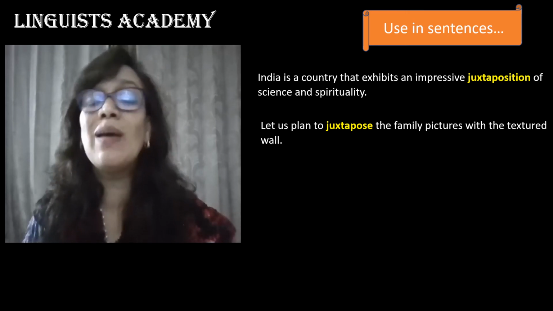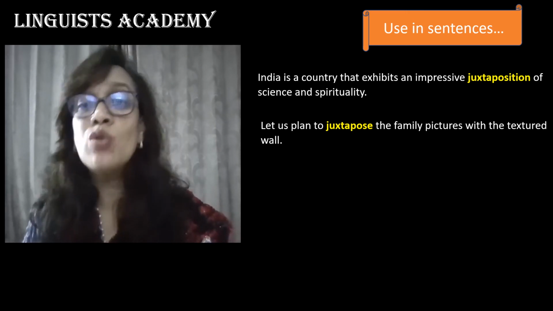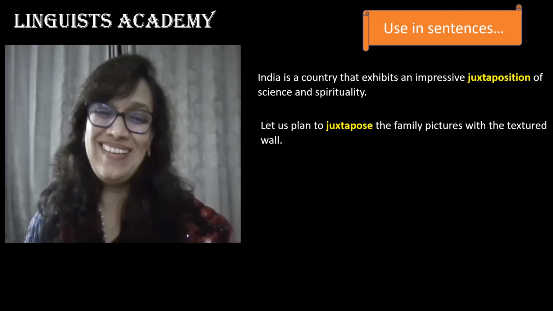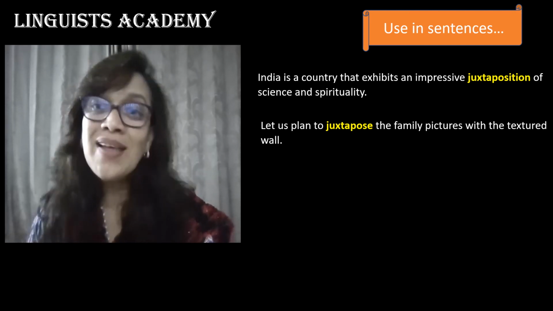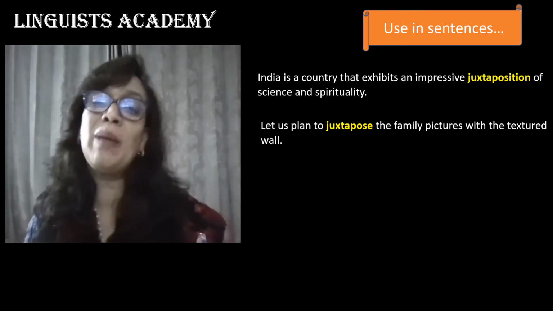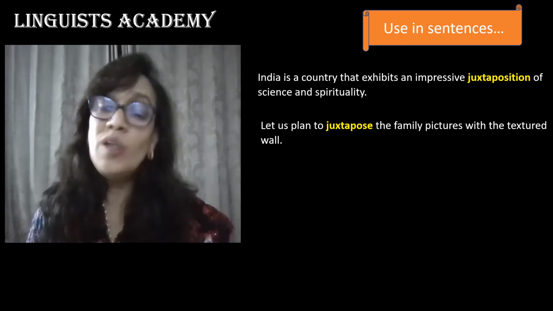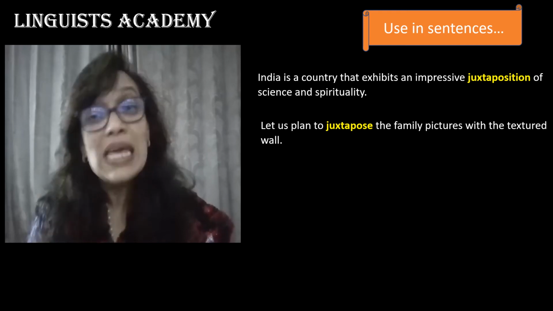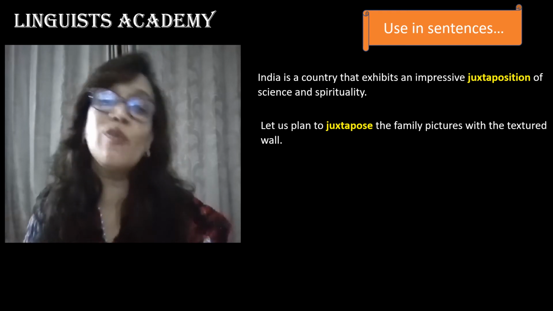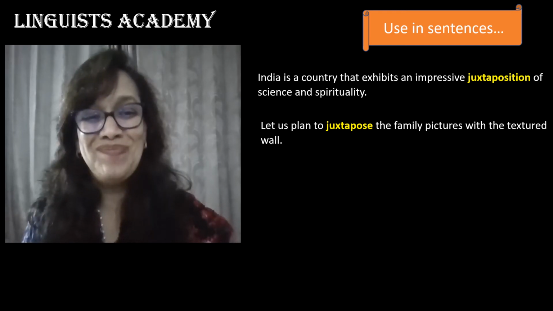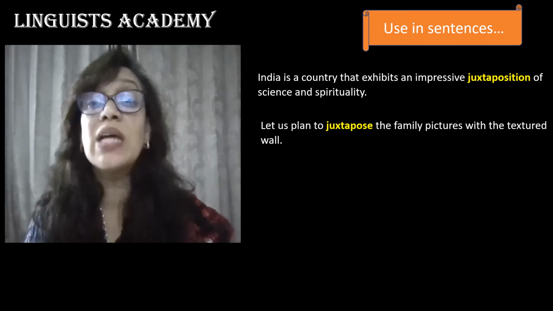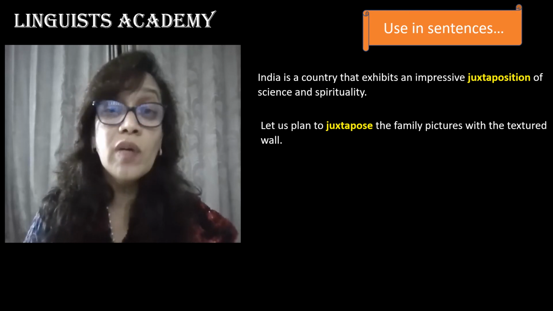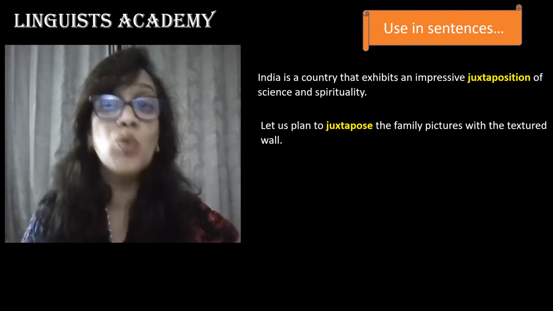That means putting them close to one another, so that the textured wall also is enhanced by the beauty of the family pictures, and the beauty of the family pictures is enhanced by the presence of the textured wall. And here if you see, the word juxtapose has been used as a verb. So in its verb form, it is juxtapose.